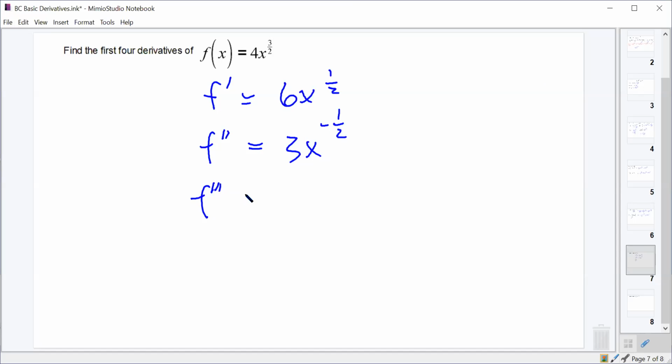Third derivative should be negative 3/2 x to the negative 3/2. And our fourth derivative should be 9/4 x to the negative 5/2. Any questions, any issues? Everybody good with that?